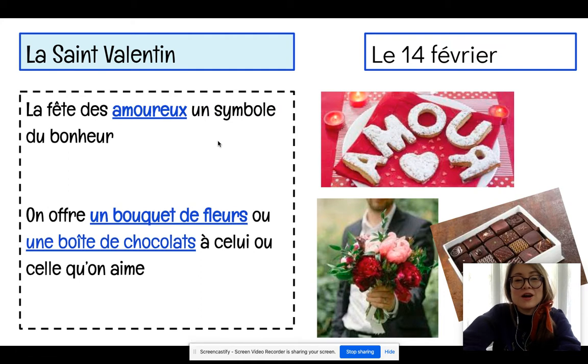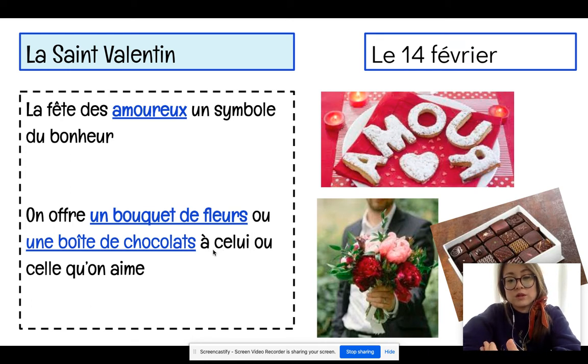Donc, pour la Saint-Valentin, on offre, ça veut dire one offers, but it also means one gives. So it's another way of saying donner. On offre un bouquet de fleurs ou une boîte de chocolat à celui ou celle qu'on aime. Et ça veut dire to the one that one loves.